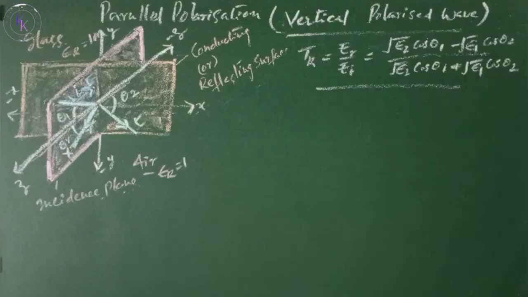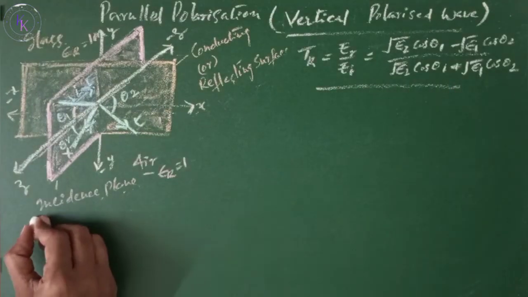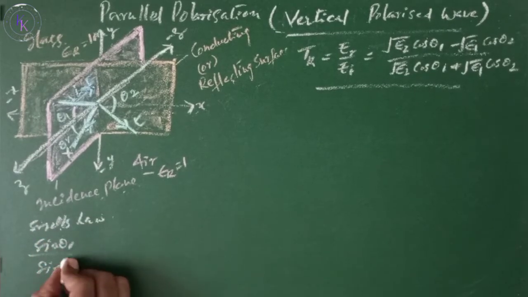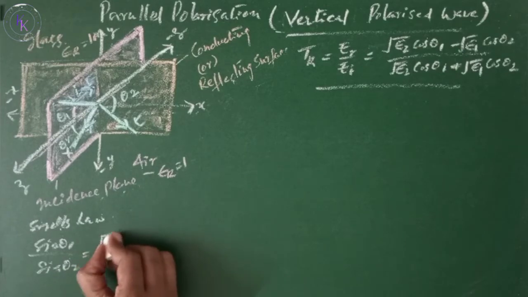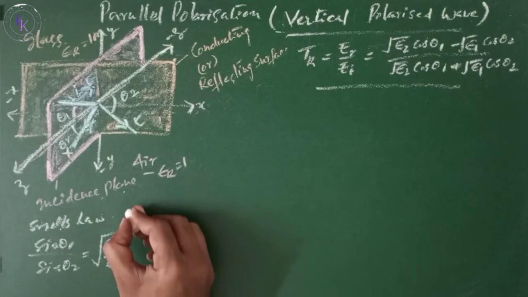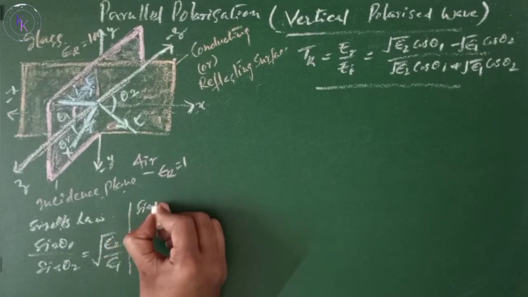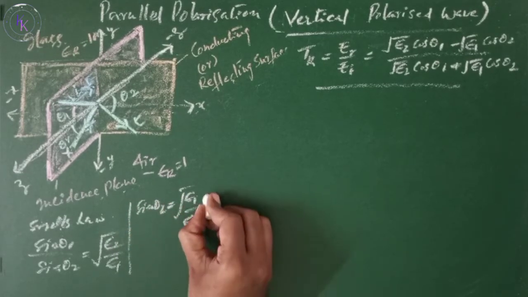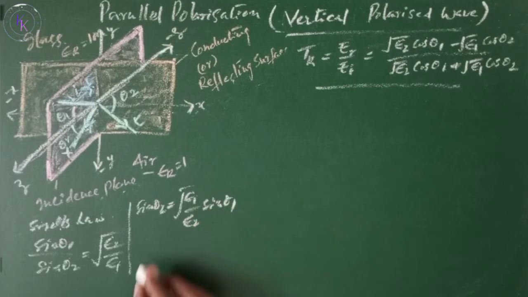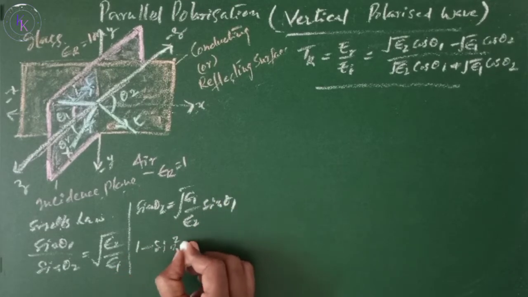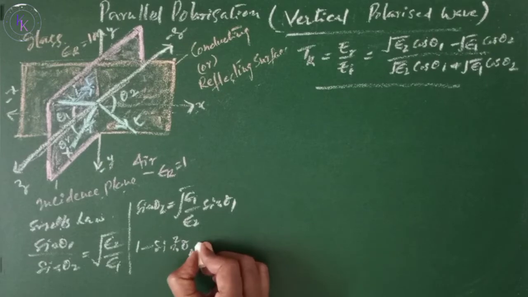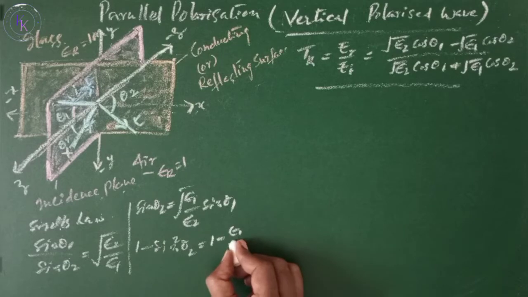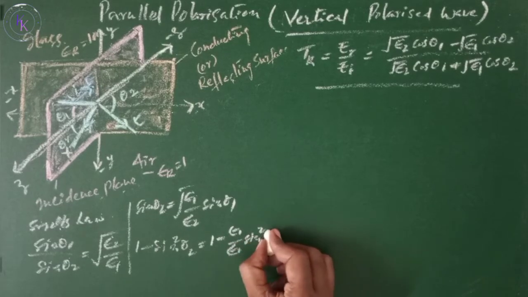This equation can be modified by using Snell's law, that is sine theta 1 divided by sine theta 2 equals square root of epsilon 2 divided by epsilon 1, from which we can write sine theta 2 equals square root of epsilon 1 divided by epsilon 2, sine theta 1. Then 1 minus sine square theta 2 equals 1 minus epsilon 1 divided by epsilon 2, sine square theta 1.